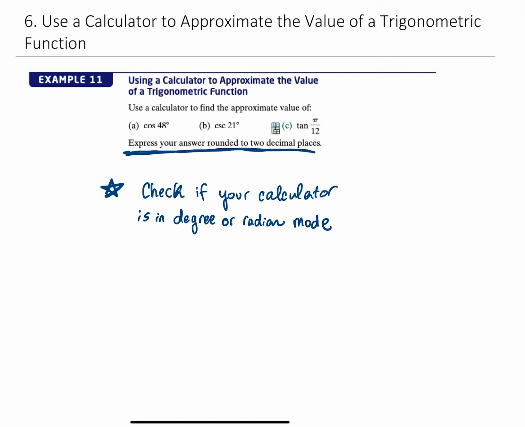You want it to be in degree mode so it gives you a correct result. If you see something with pi, that is a giveaway that you are in radian mode, or if they say specifically these are radians, be sure your calculator is in radian mode, because if it's in degree mode and you input radians, it's going to give you an incorrect result. You may think you're doing the right thing, but you're just in the wrong mode on your calculator, and that can be pretty annoying because you keep plugging into the homework questions and it keeps saying you're incorrect. Just speaking from experience.